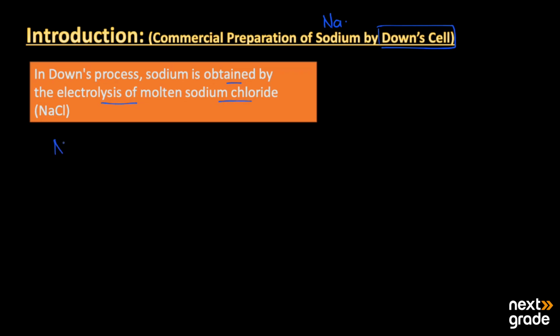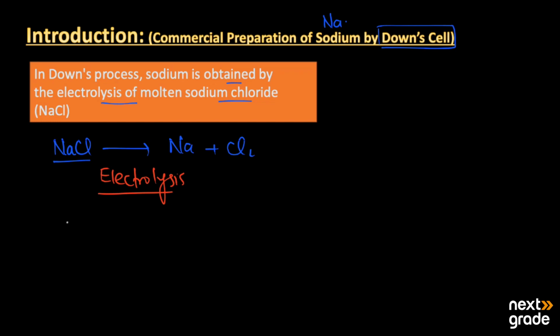So here we are going to produce sodium metal by the use of sodium chloride, and this process is mainly known as the electrolysis process. In the electrolysis process we just need two types of electrodes.